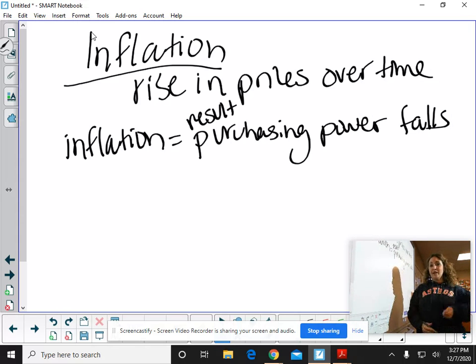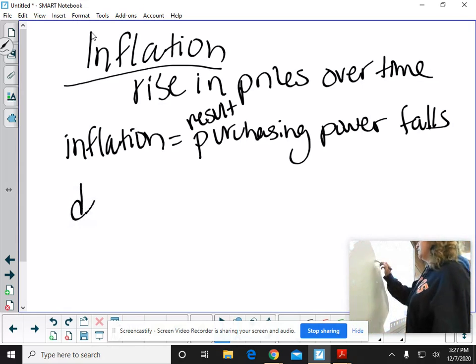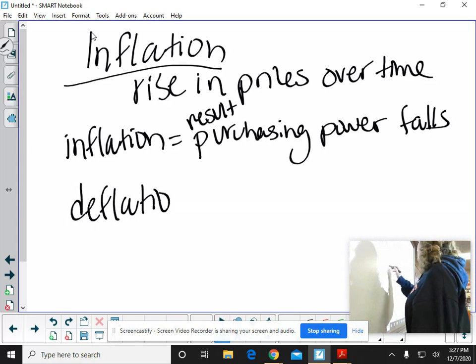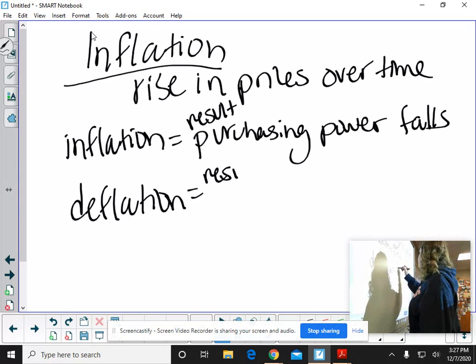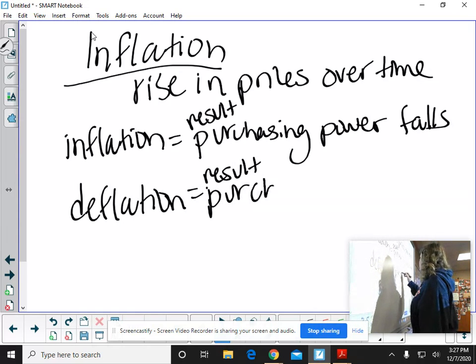I used to be able to buy a whole hamburger for $1. Now I need $2. So each dollar is less powerful when prices go up. Of course, if there's deflation, the result of deflation is a higher purchasing power. Your purchasing power increases.